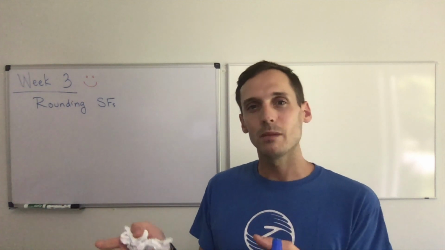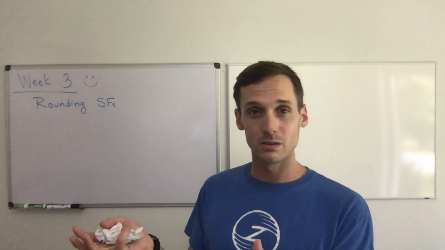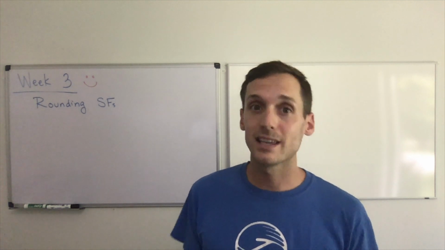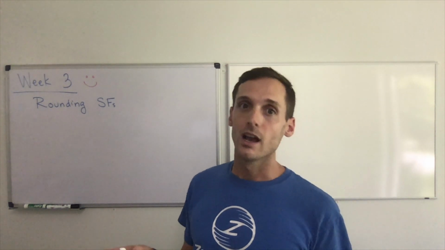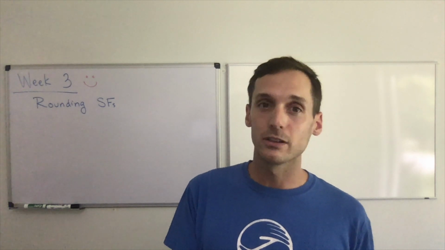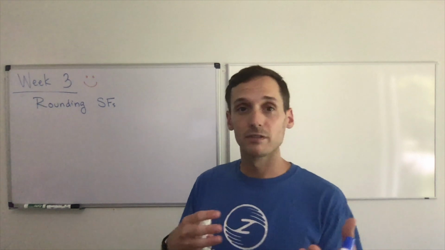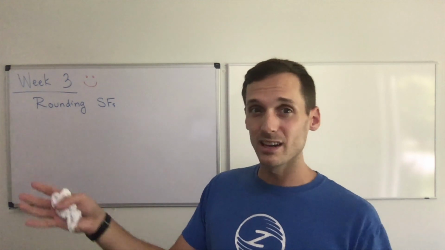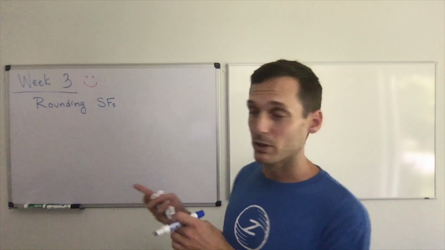Well, we're not going to be able to report that exact number that your calculator spits out to you as your answer because, again, we can't increase the precision of the answer compared to the measured values that you used for your calculation. So what we're going to have to do is take that long, ugly number that your calculator gives you and round it to a correct number of sig figs.